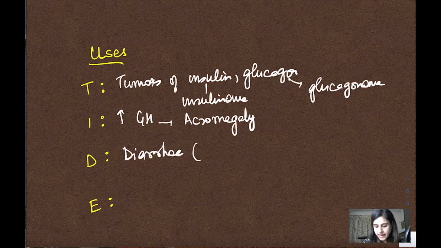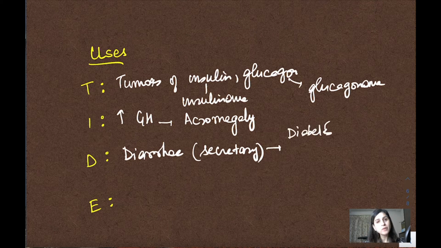And which diarrhea is this? Basically, these are the secretory diarrheas. So there, because it decreases some GI peptides and the gastric secretions, we can use it in those conditions. And which other secretory diarrheas is it helpful in? For example, diabetes-related diarrhea, and carcinoid syndrome.